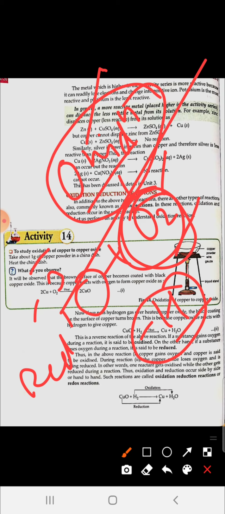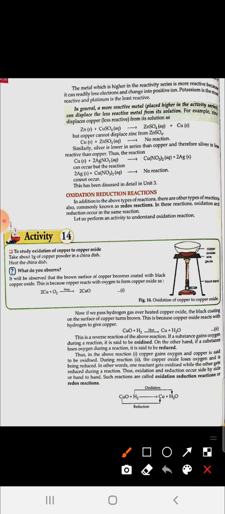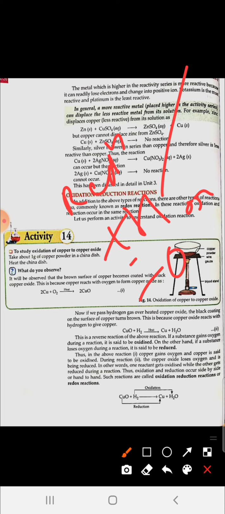So addition of oxygen and removal of hydrogen is known as oxidation, and reduction is addition of hydrogen or removal of oxygen. You can say either hydrogen is added or oxygen is removed. That is known as reduction.